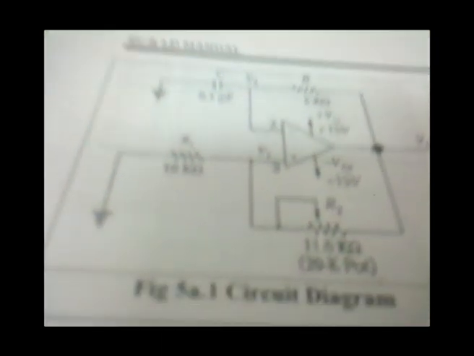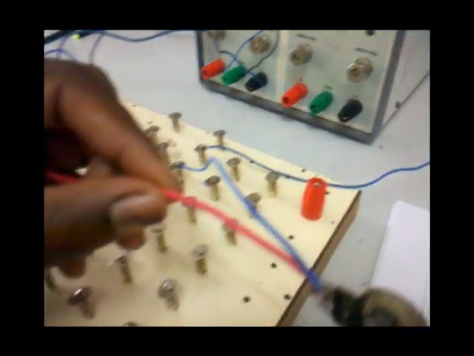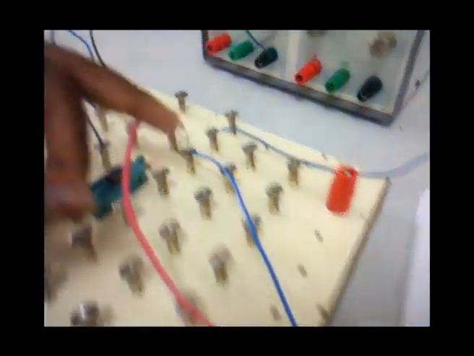For the non-inverting terminal, pin number 3, pin number 3 to 6, we have connected the potentiometer. Before that, we adjust the value to 11.6 kilo ohm and connect it between pin number 3 and 6.